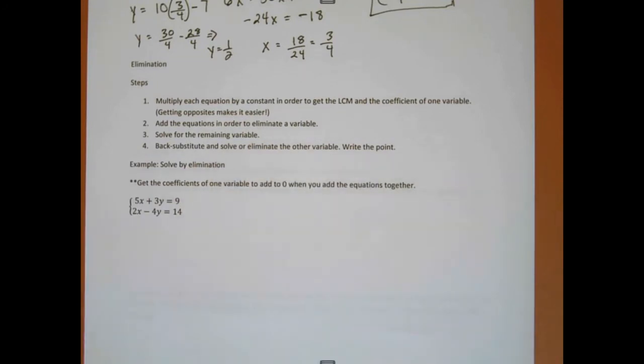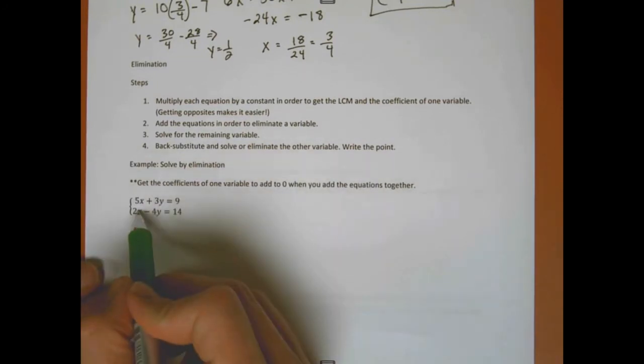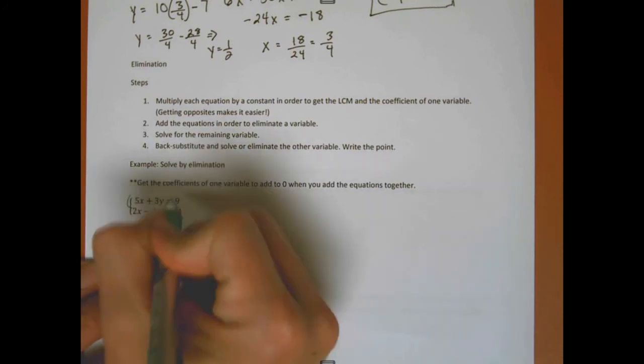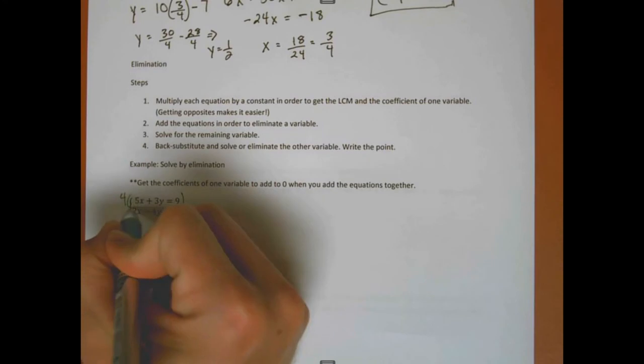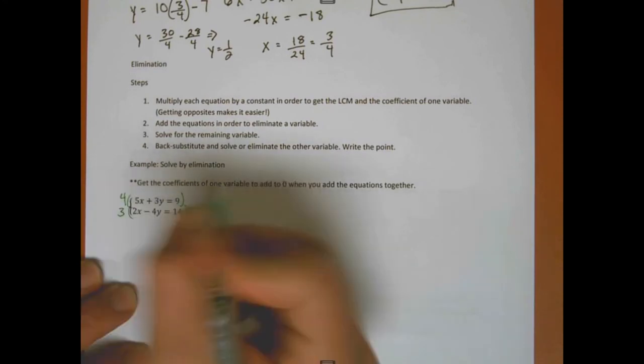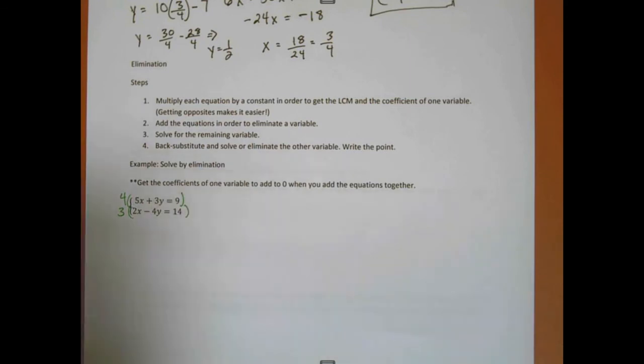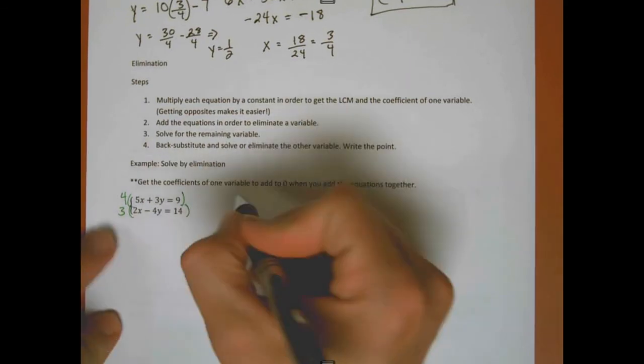In this example, there's not something you can just multiply once. You're going to have to multiply both equations. So let's do this top one by 4 and the bottom one by 3. And then we can eliminate y. The reason I chose to eliminate y instead of x is just because the sign is already different. That gives me one less chance to make a sign error.